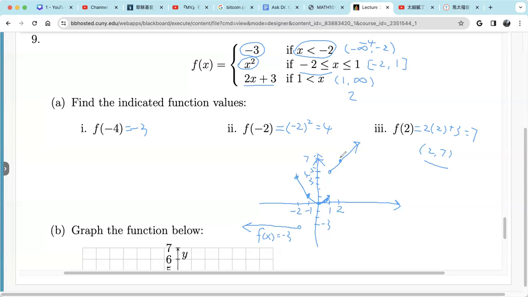You see 3 pieces. The left piece is a constant function from -2 down to -infinity, but not including -2, so we make an open circle. Between -2 and 1, -2 and 1 are all included in the interval, so we make a solid dot. Then we graph a quadratic.